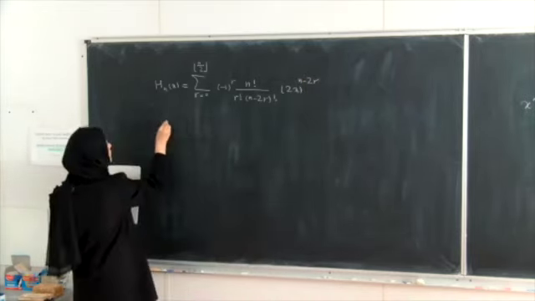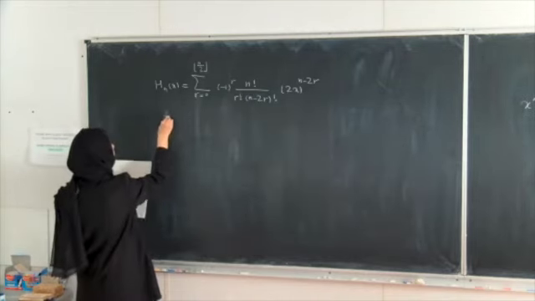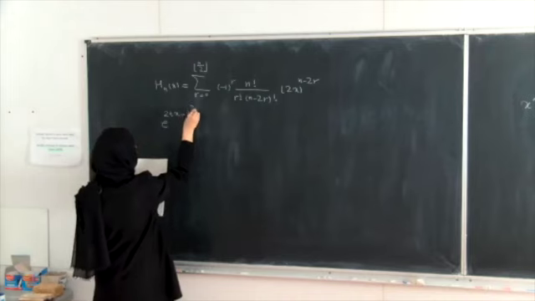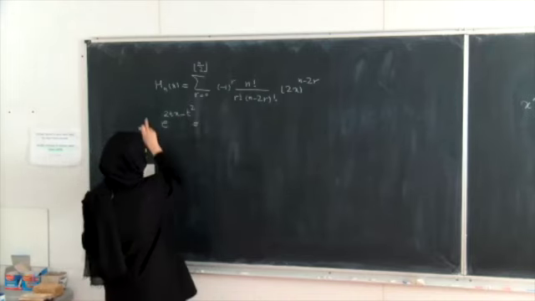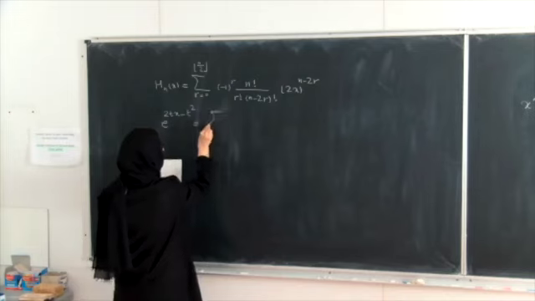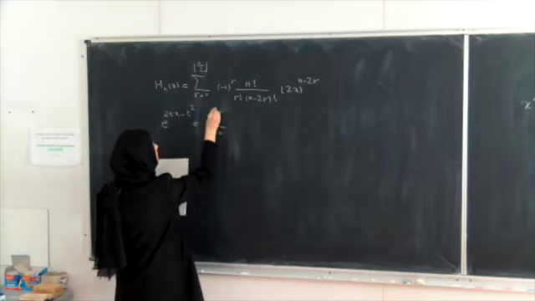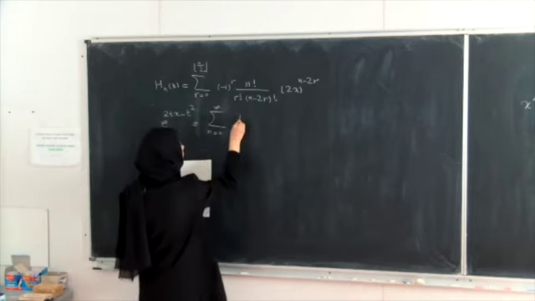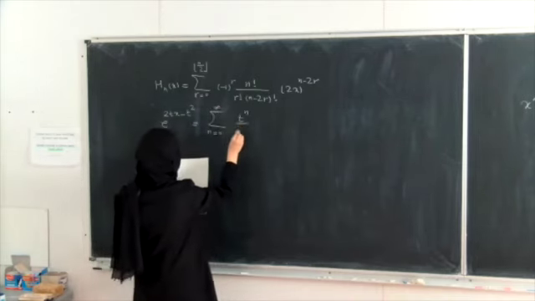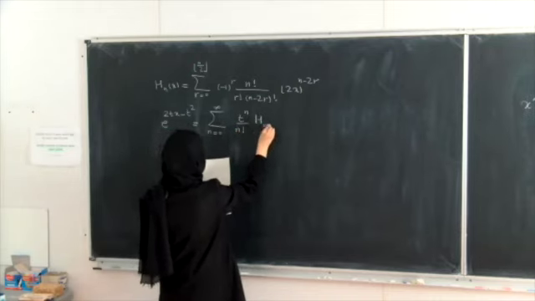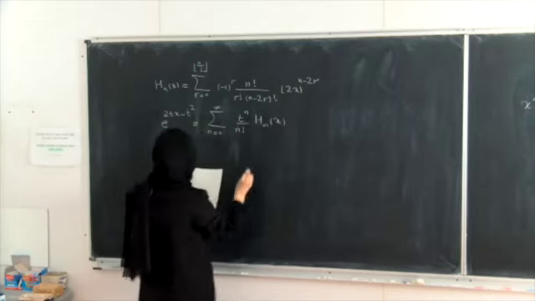Now we want to show that the generating function of Hermite polynomials is this function: the series n from 0 to infinity, t to the n divided by n factorial, Hn of x.